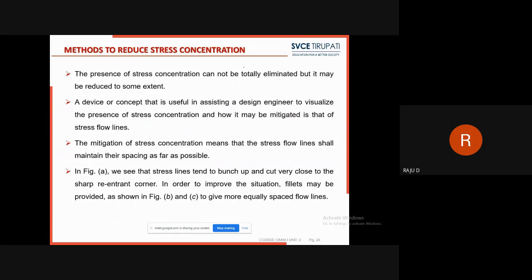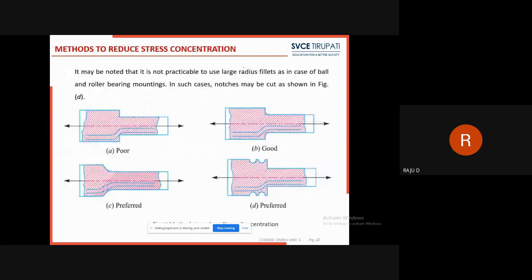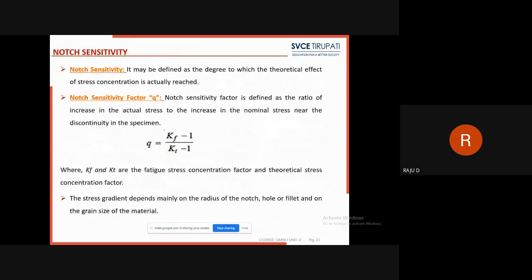Next, very important one is notch sensitivity factor. What is notch sensitivity factor? It is the ratio of actual stress to the nominal stress. For example, in our machine tools lab we perform a step turning operation. The first length is 40 mm with 50 diameter, the second length is 20 mm with 30 diameter, the third is 10 mm with 15 diameter.